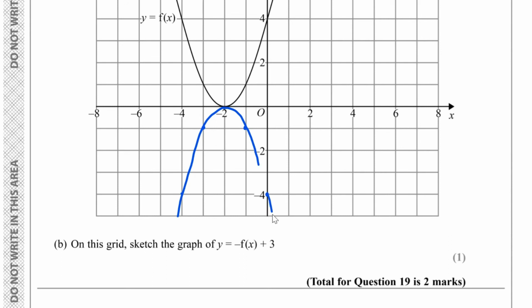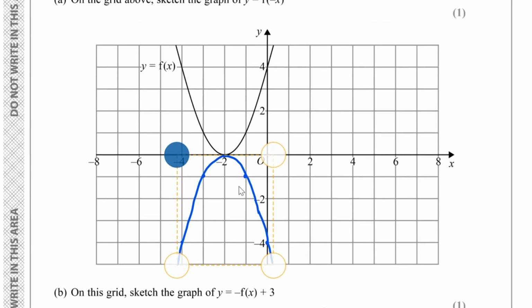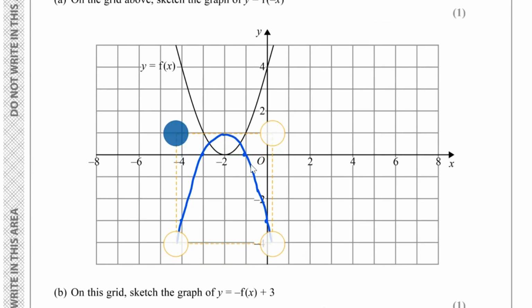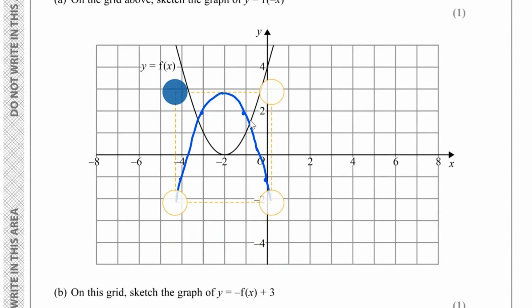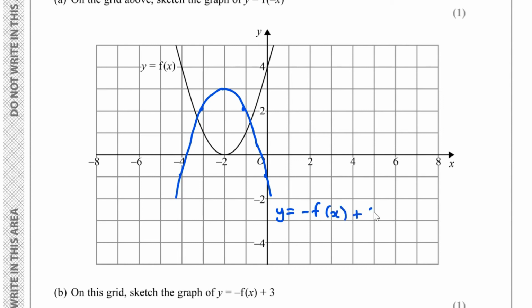Just draw it neatly. And then what we need to do is shift this up by 3 units. So we've got 1, 2, 3. So this is the graph of y equals minus f of x plus 3.